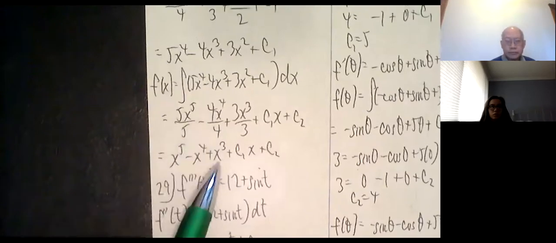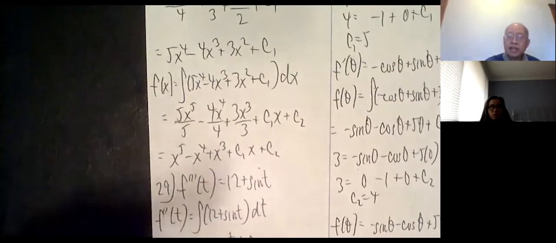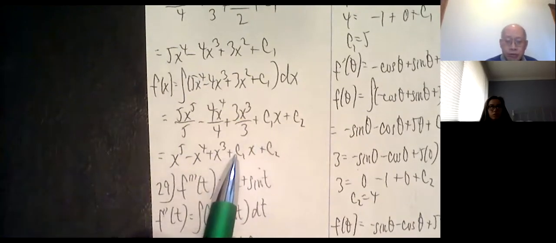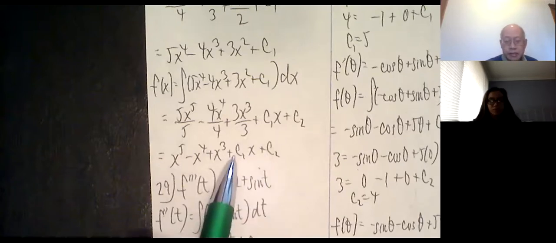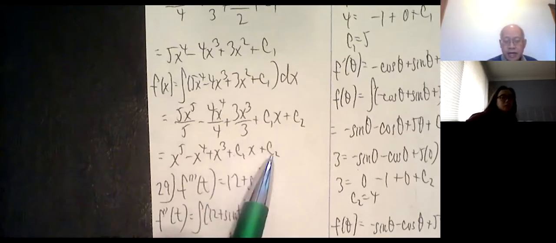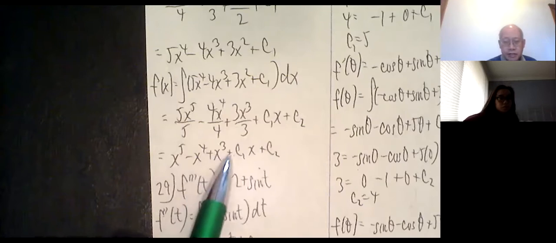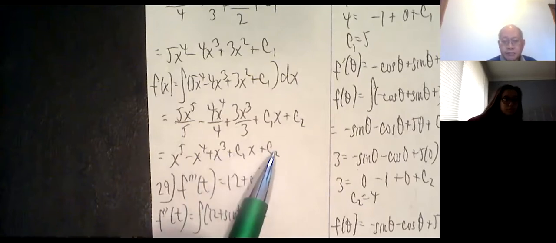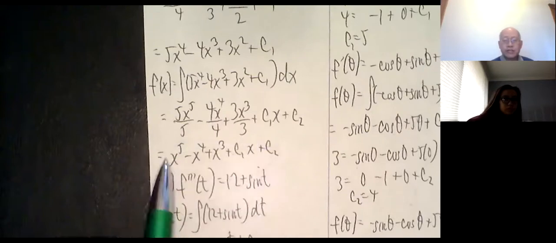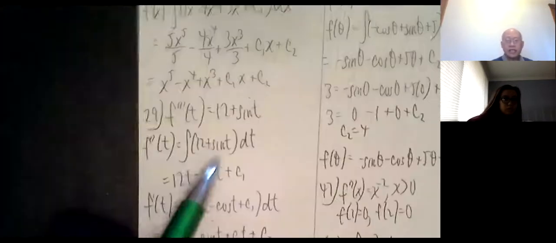Remember this is an infinite class of functions. So maybe this is 10, this is negative 13, or this is pi, and this is e, or this is 1 million, and this is 316.521414828, or whatever. All of these functions have this as a second derivative.